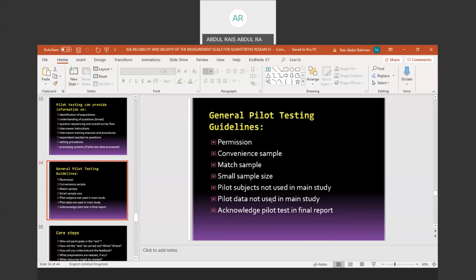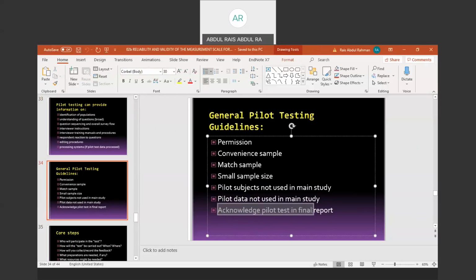You tak boleh masukkan result 7 orang yang you practice tu ke dalam your actual data collection yang mungkin dia 300-400 orang. Yang tu you kena collect lain, ya. Yeah. And most important, acknowledge that you do the pilot test in your final report or your paper write-up. Okay.